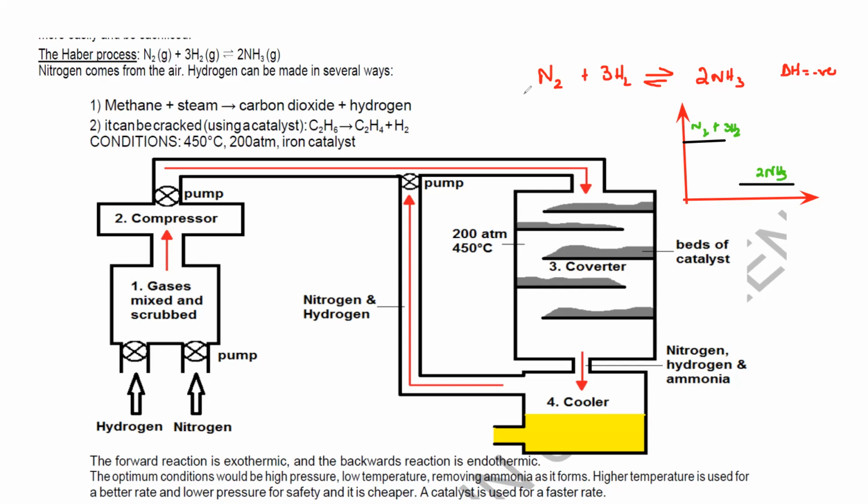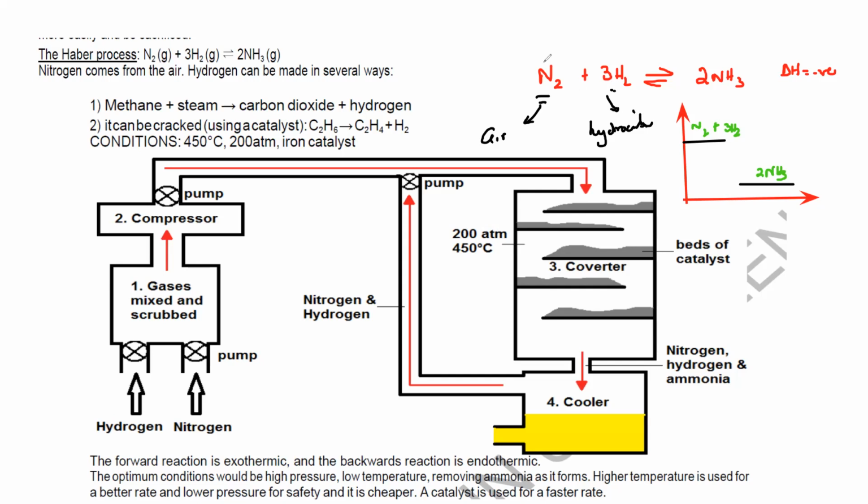Now, how to obtain the reactants for manufacture of ammonia by Haber process? The reaction is reversible. So, how to obtain these two reactants? Nitrogen, we obtain from air, and hydrogen we can obtain from hydrocarbons, compounds which contain carbon and hydrogen, or we can also use electrolysis, but that will increase the cost.